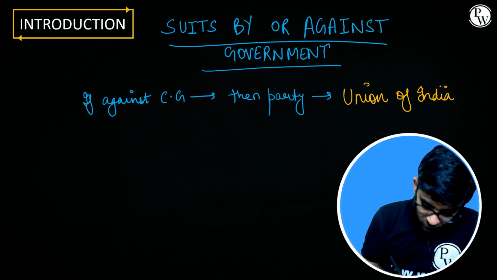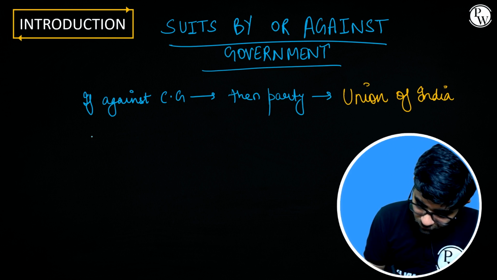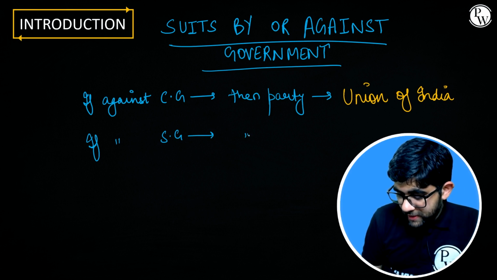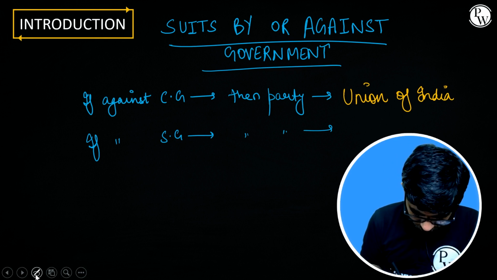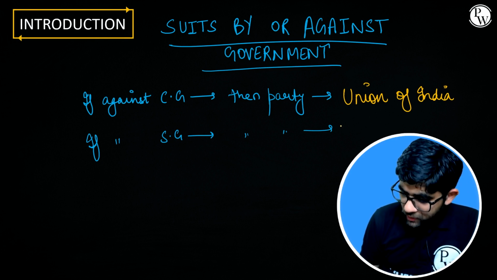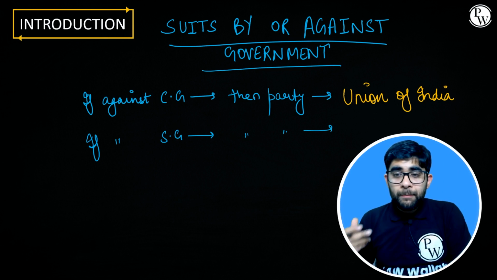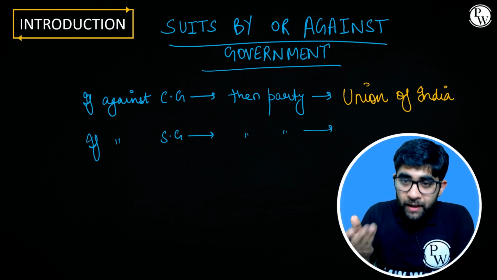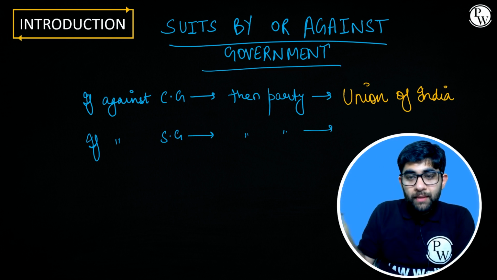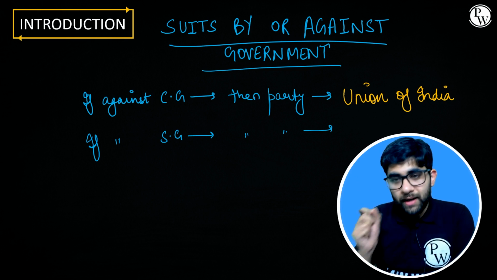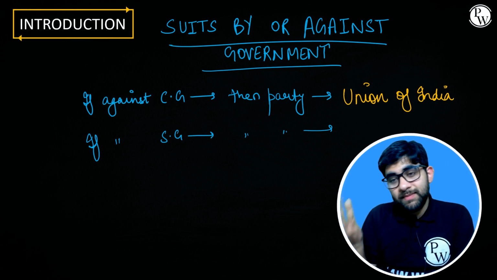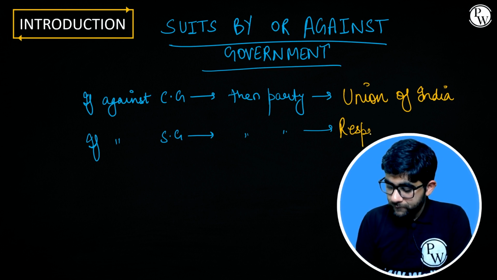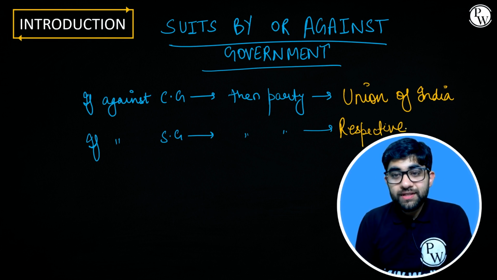All right. If against state government, then the party would be the respective state. Like if the case is against the state of Bombay, then the party will be the state of Maharashtra, not state of Bombay, but state of Maharashtra. And if the state government is of West Bengal, then state of West Bengal. Respective state.